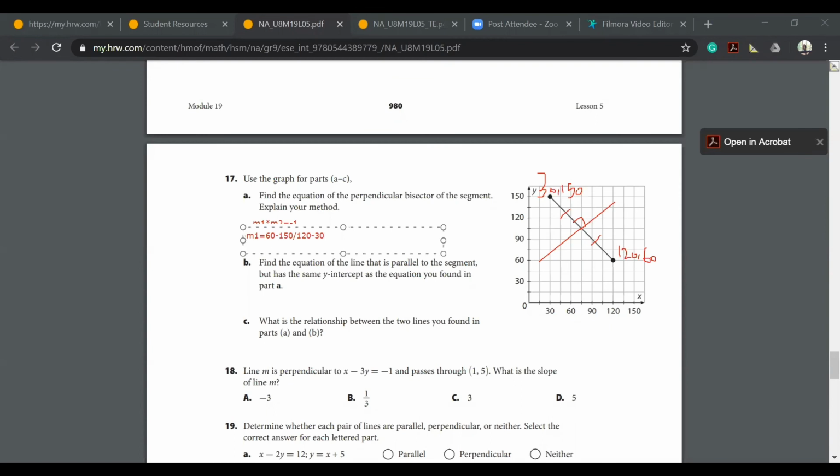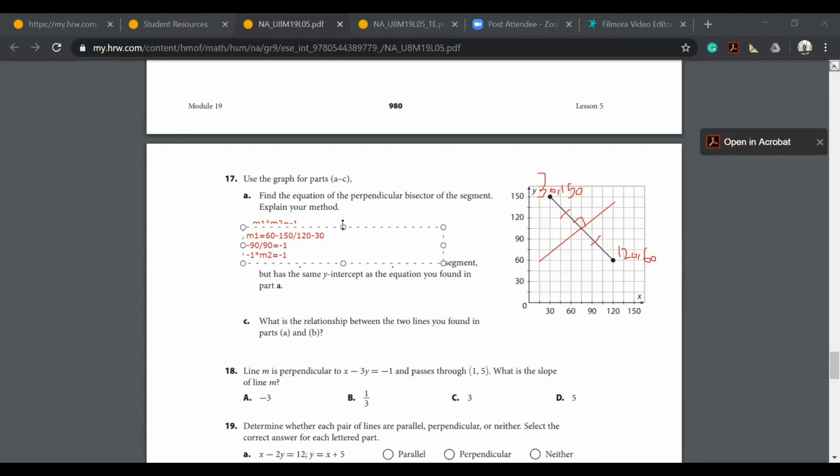The answer will be what? 60 minus 150 is -90, over 120 minus 30, which is 90. So actually the answer is -1. So the slope is actually -1. And then let's use the formula. So -1 multiplied by m2 is equal to -1.